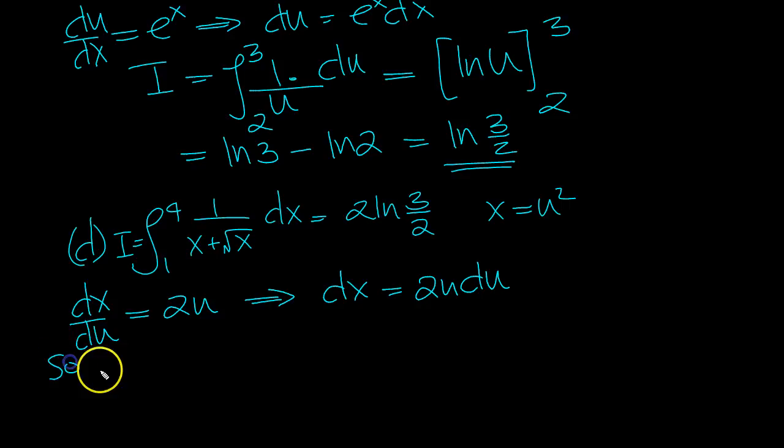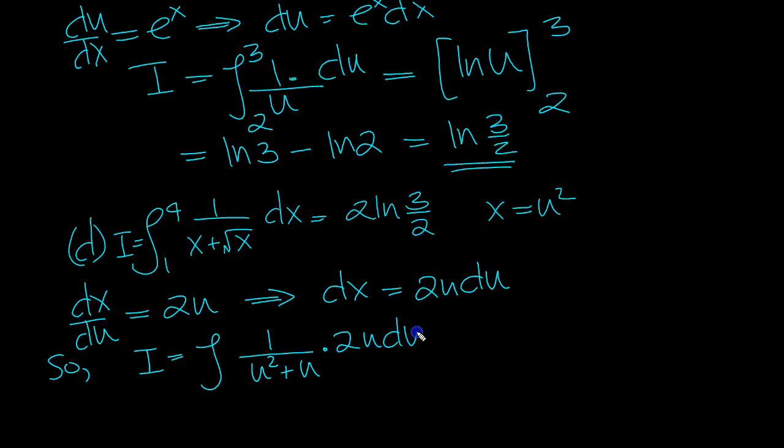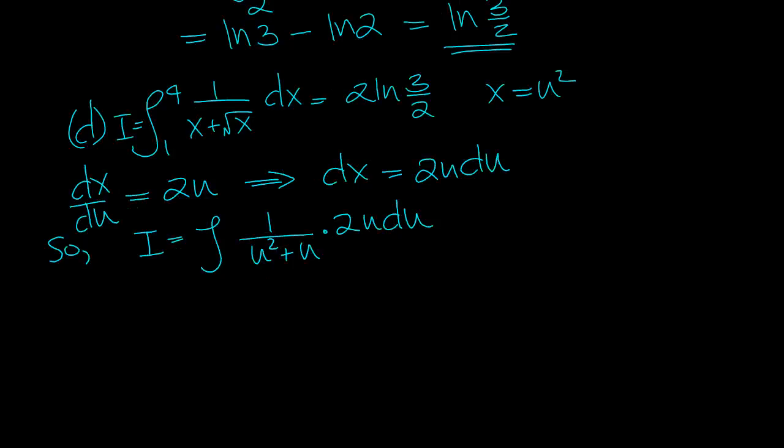So I equals then 1 over, now x is u squared, root x is going to be root of u squared is going to be u, and then dx is 2u du. Okay, good.